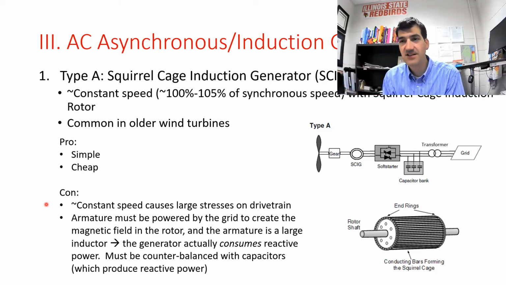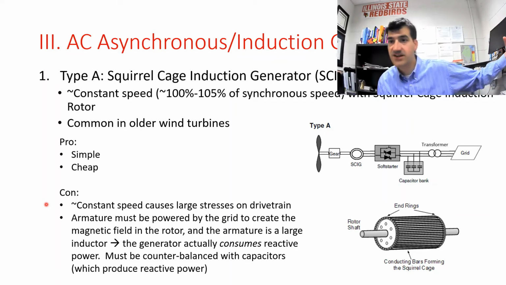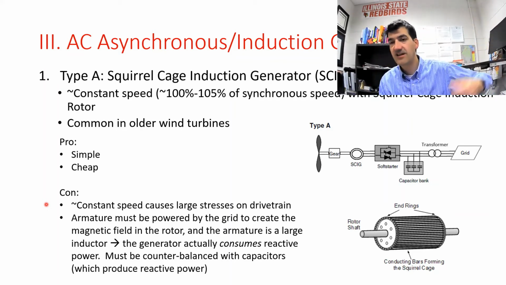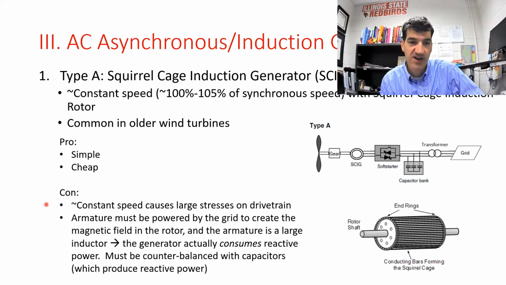As the wind is variable, it gusts and then it dies down, and then it gusts and then it dies down. And all those gusts cause a lot of stress on the drivetrain. If you could allow for a more variable speed input to the generator, then you could alleviate or reduce a lot of those stresses.